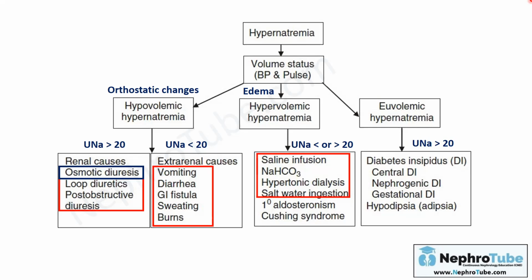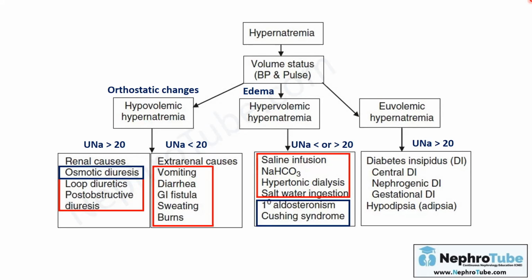And I will show you in a while an important clinical teaching case of osmotic diuresis and polyuria that they discovered later was related to the diet habit of the patient.